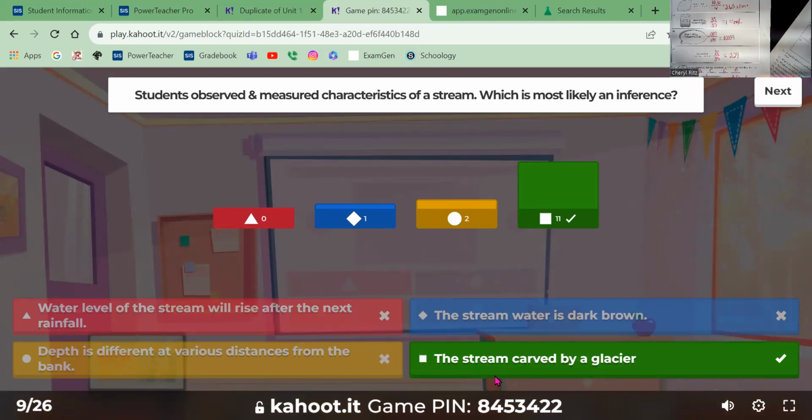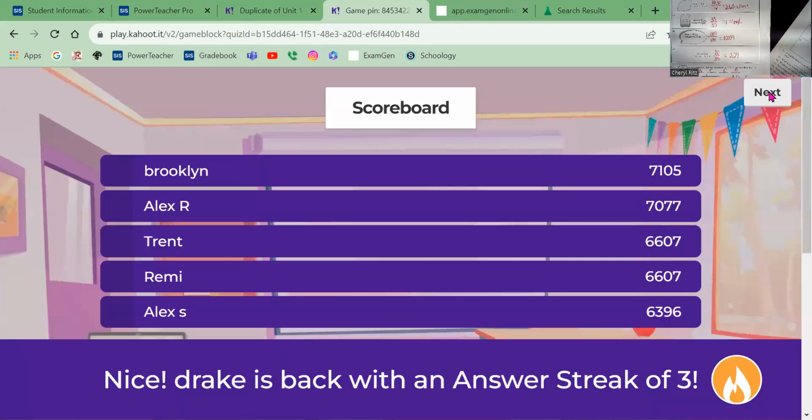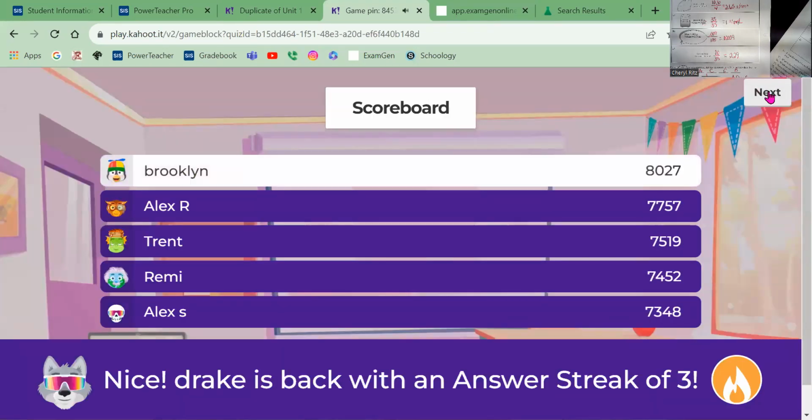You were not there. But if the stream is dark brown in color, you're there, you're looking at the stream. It could be because there was a lot of storming and it's filled with dirt from erosion, but we haven't gotten there. And the depth is different at various distances from the bank. They would have gotten in and measured the depth. Let's keep going. We got 5 minutes.